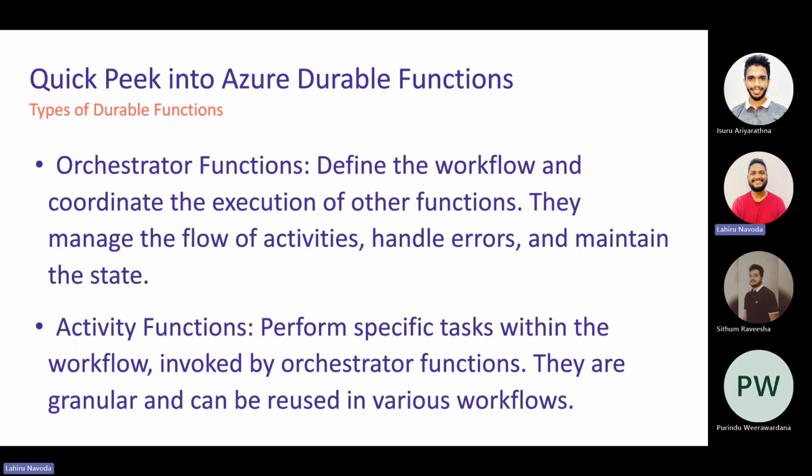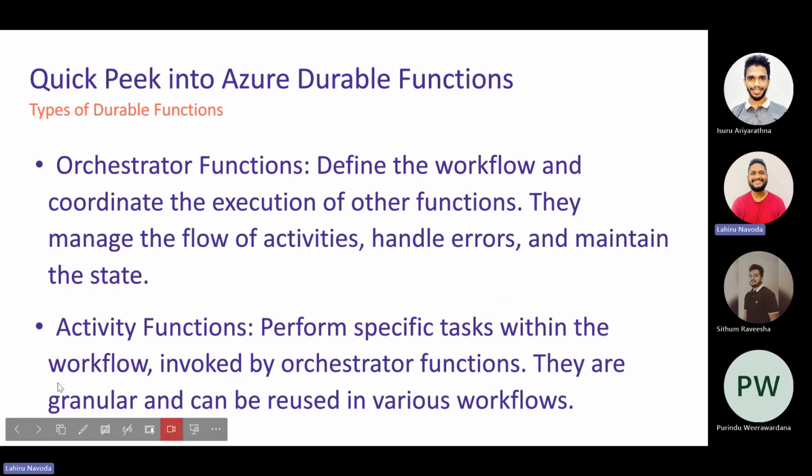And in some complex workflows, you can have multiple sub-orchestrators as well, so you can have multiple separate workflows in the main workflow. These orchestrator functions manage the flow of activities, handle errors, and maintain the state of the workflow.